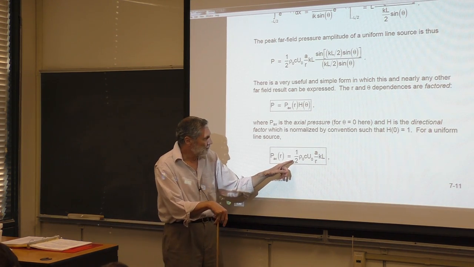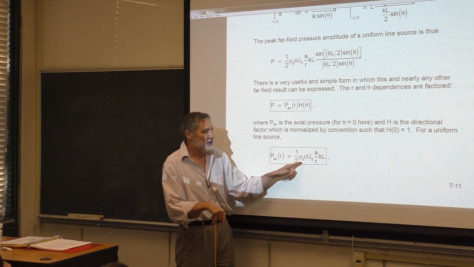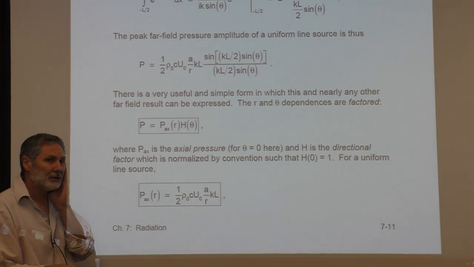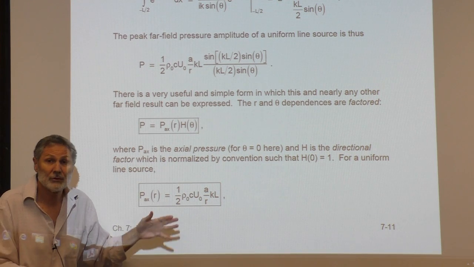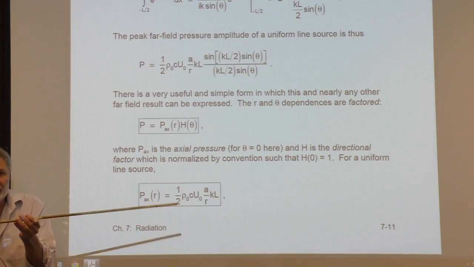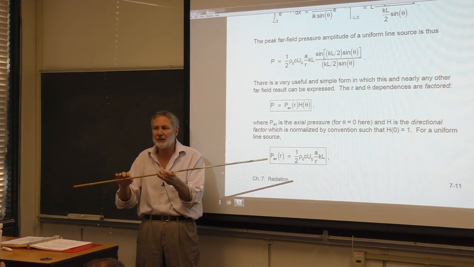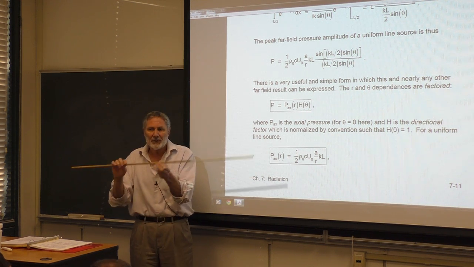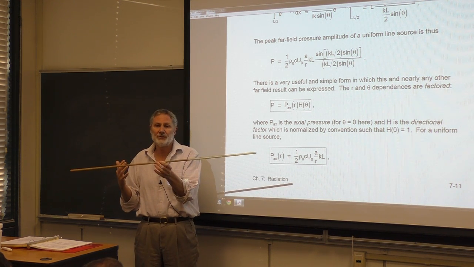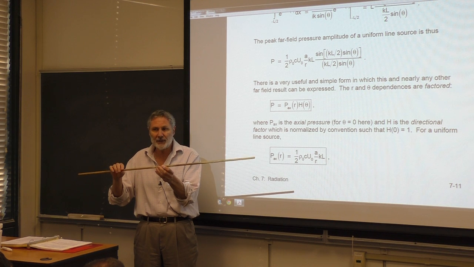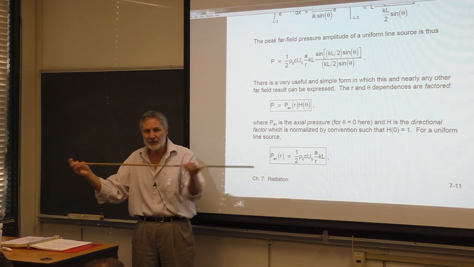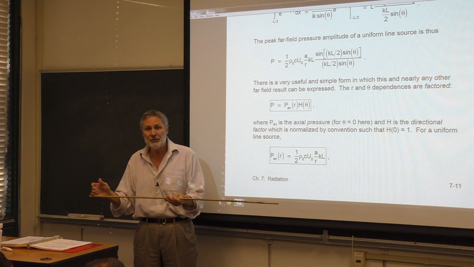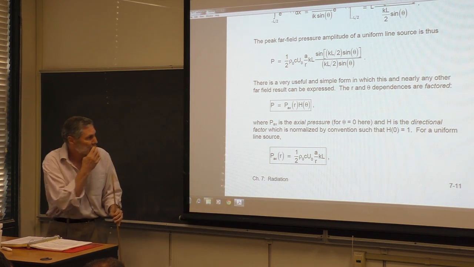If we can recast this in terms of the source strength. Remember the total source strength now, not the element. We've already integrated. The elements are gone. We've done the integral. But this source is going to have a total source strength, and it's going to be the moving area, which is the circumference times the length, times u naught. That's the source strength.